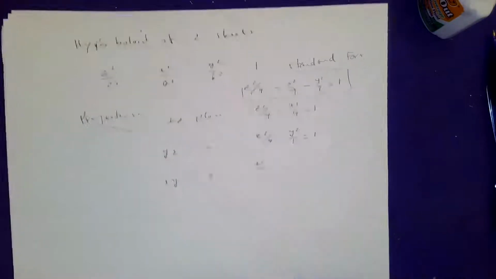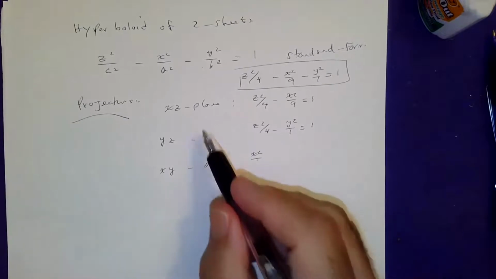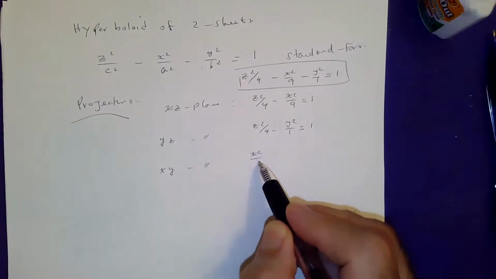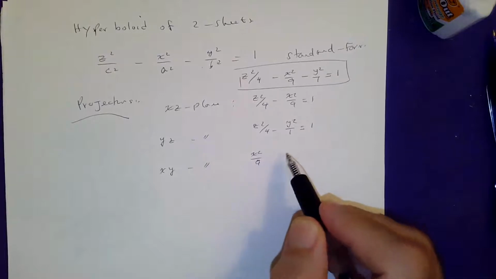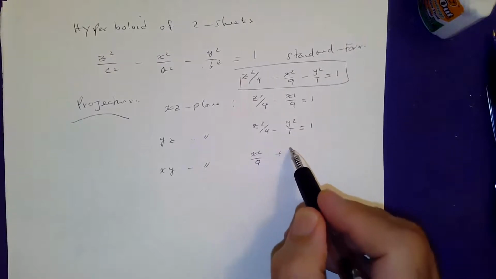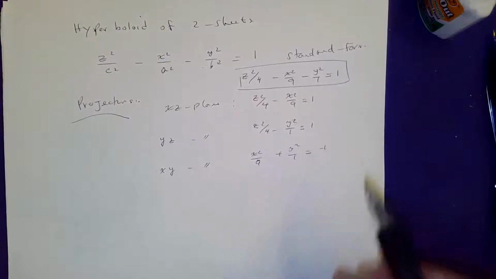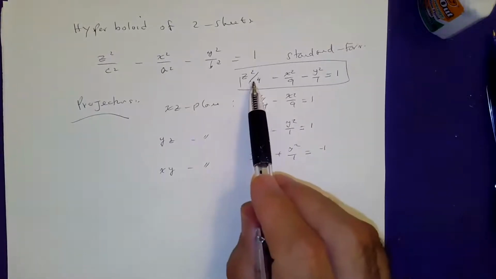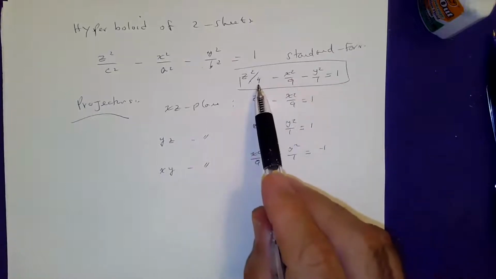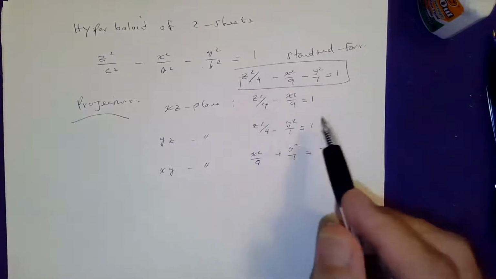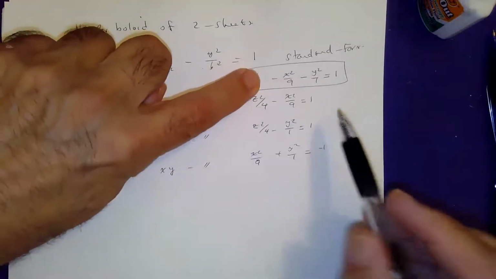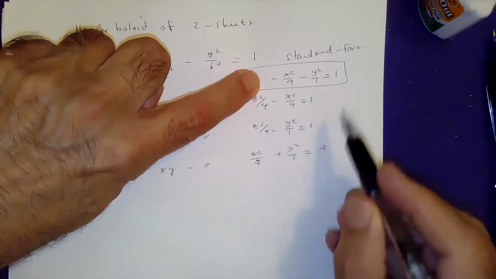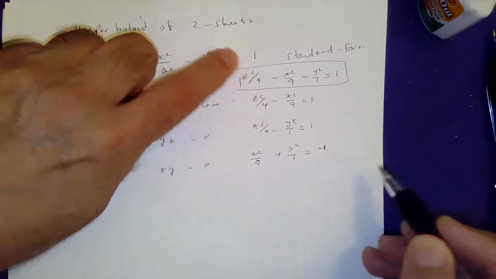There it is. Okay, so if you find the projections, you get x squared over 9 plus y squared over 1 equals -1. If you set this equal to 0, you get this. But if you multiply both sides by negative, these become positive, but the 1 becomes negative.